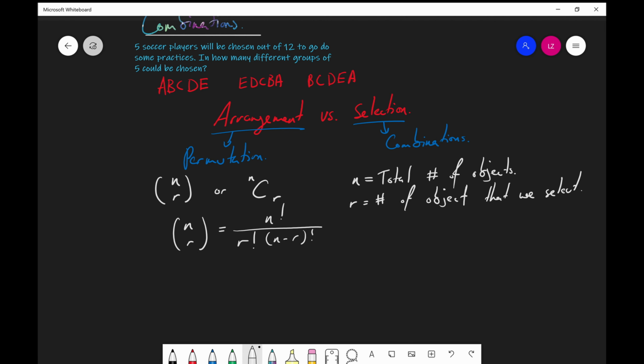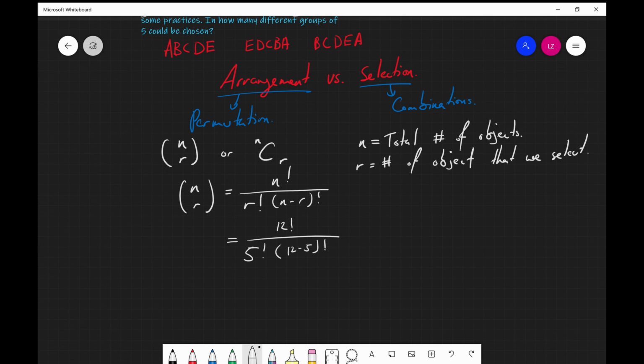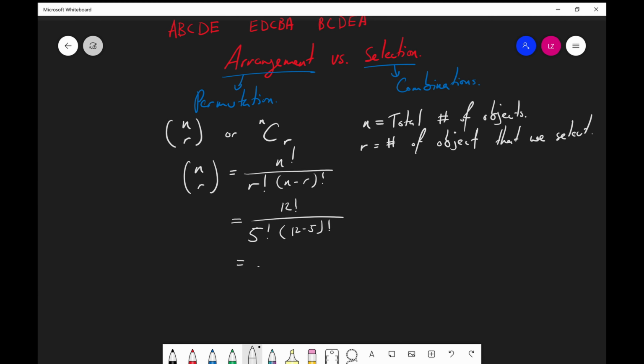Now, going back to the question, we're picking 5 soccer players out of the total of 12. So our formula will look something like this: 12 factorial over 5 factorial multiplied by 12 minus 5 factorial, which would give us 12 factorial over 5 factorial multiplied by 7 factorial.